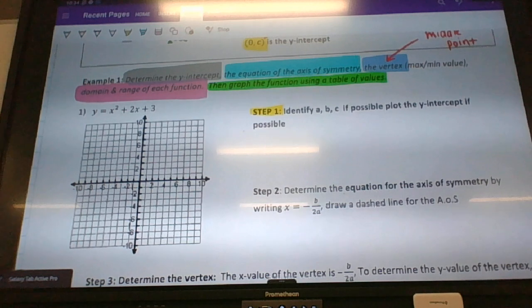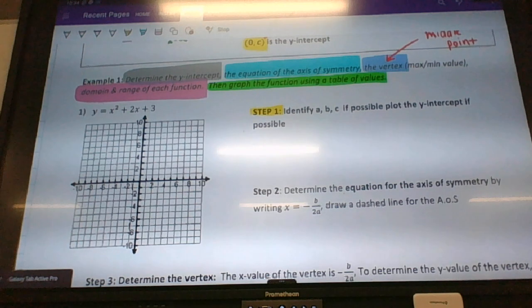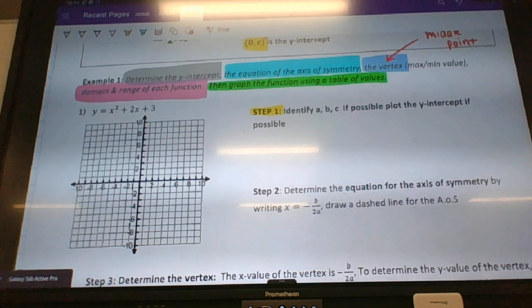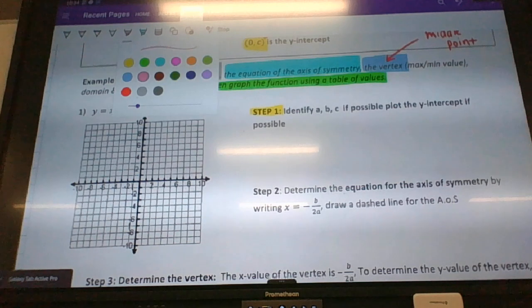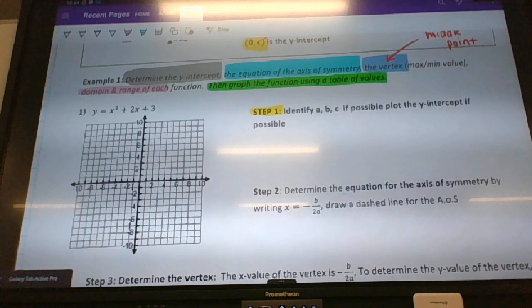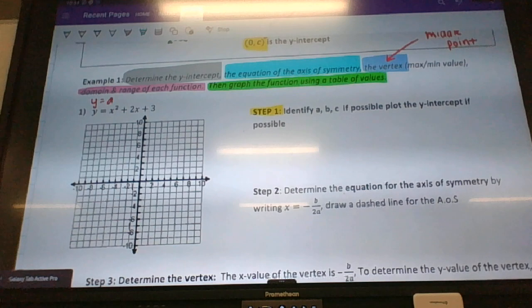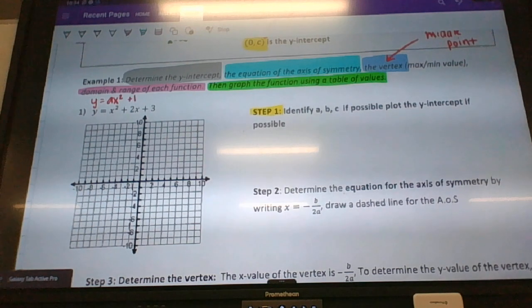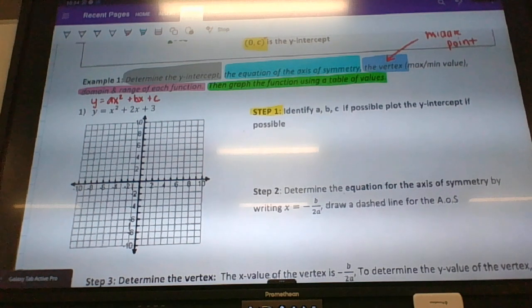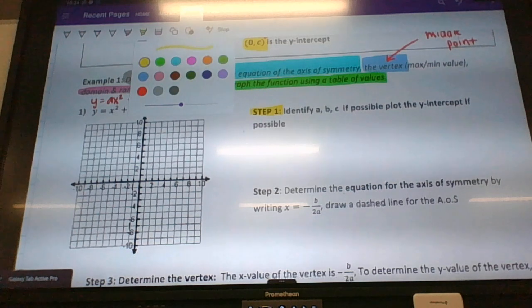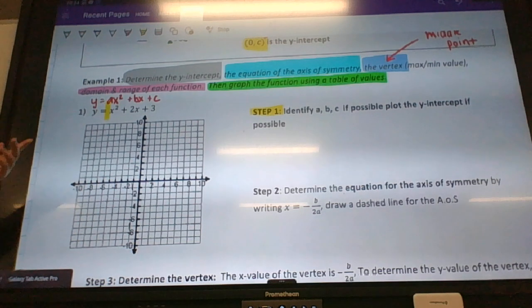Step 1, figure out the ABC. So it's y equals ax squared plus bx plus c. So a is supposed to fall right in front of x squared.